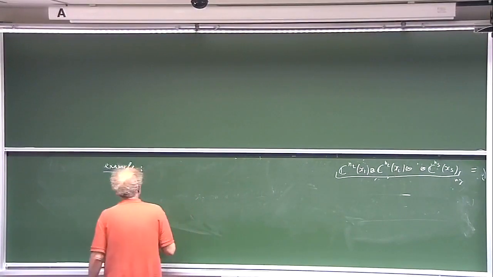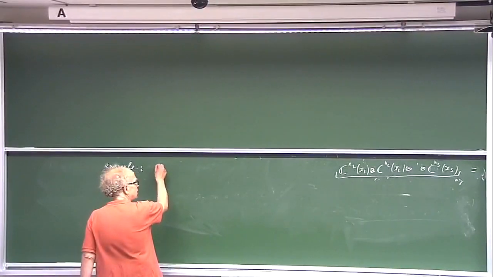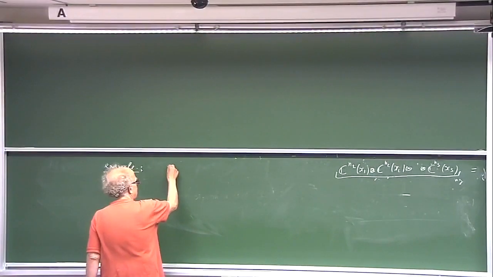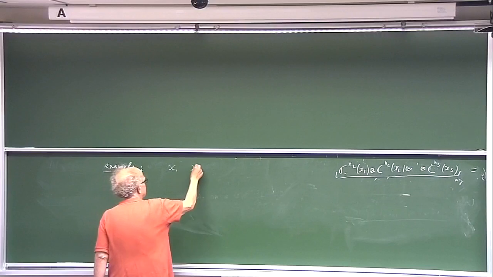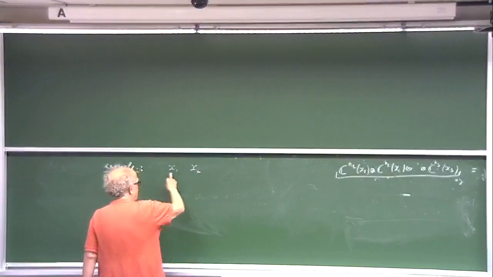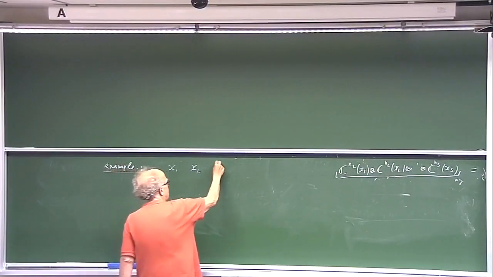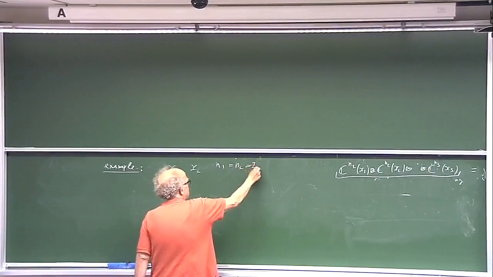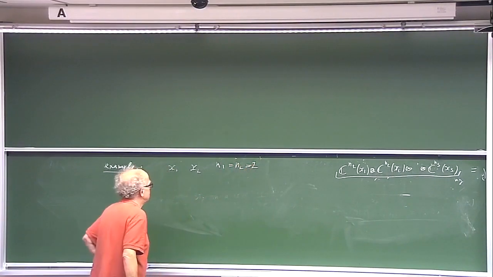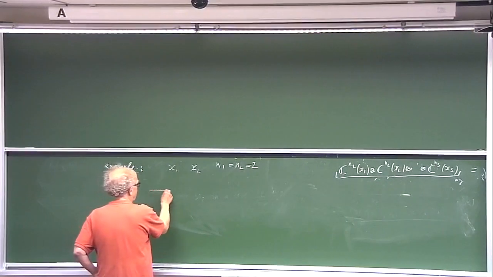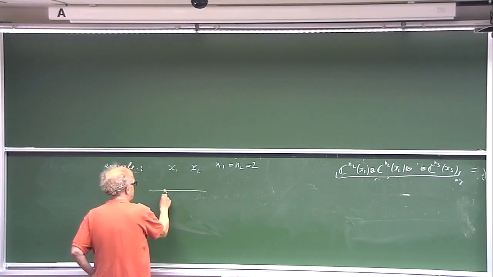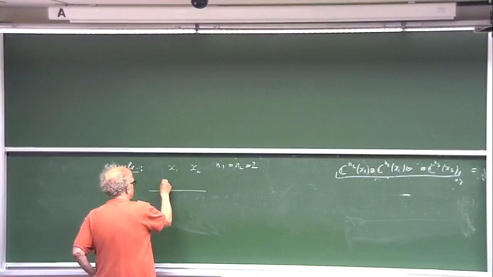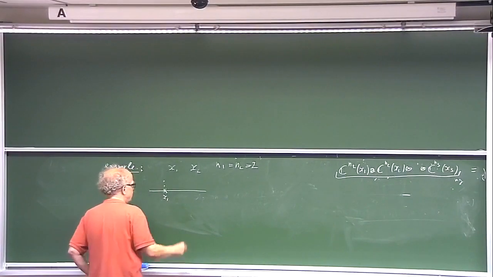But the example is the following. So suppose we take 2 points, x1 and x2, with weights 1 equal to 2 and 2 equal to 2. So what does it mean? I have an abelian algebra. In x1 is sitting a 2-dimensional representation.